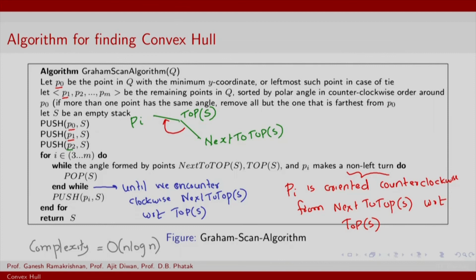So if the convex hull turns out to be very small, Graham scan turns out to be expensive because it's n log n. However, if it turns out that most of the points belong to the convex hull, then Graham scan turns out to be a very good choice. Thank you.